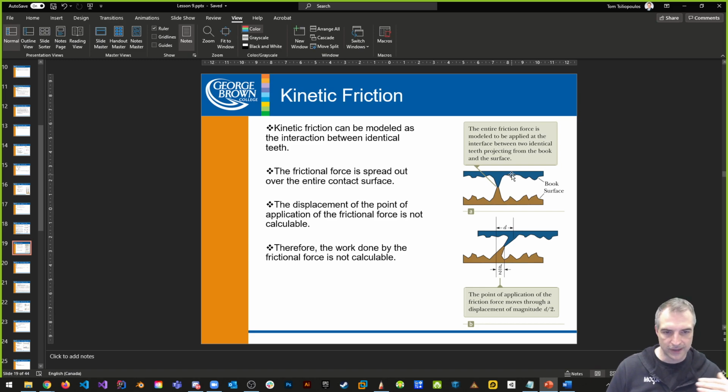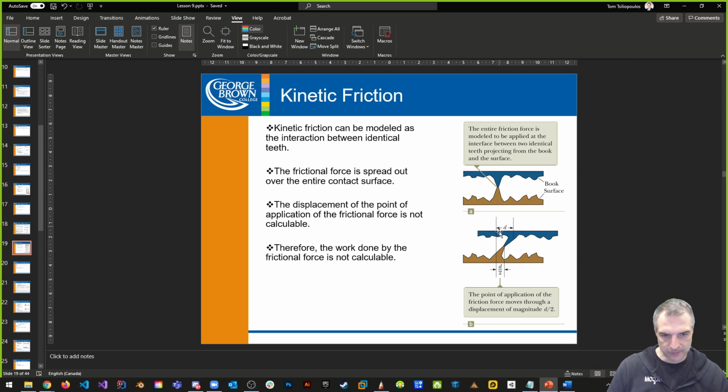If I have a book that slides across the surface, really what's happening is the molecules of the book are colliding with or interacting with the molecules of the desk, right? And so there's this teeth interaction that's causing the surface to have friction. And it's almost impossible for us to determine how much friction there is by using the system, okay?